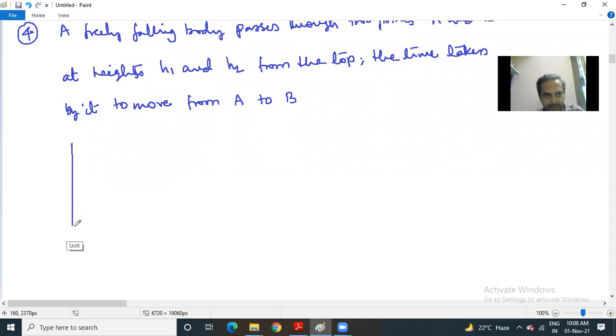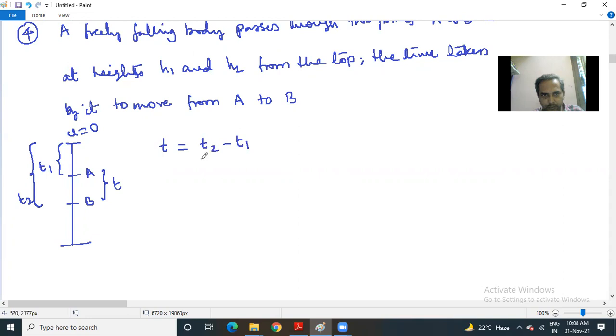Let us say once again the body is freely falling. Say this is point A, this is point B. The freely falling body comes to point A in t1 seconds. From the start, it comes to B in t2 seconds. So we require the time taken to cross A and B. You call it t dash. So if you want to get t dash, you will have to write t2 minus t1.